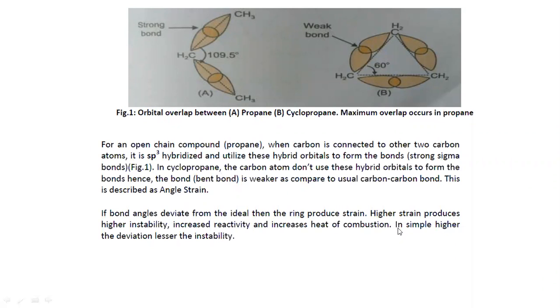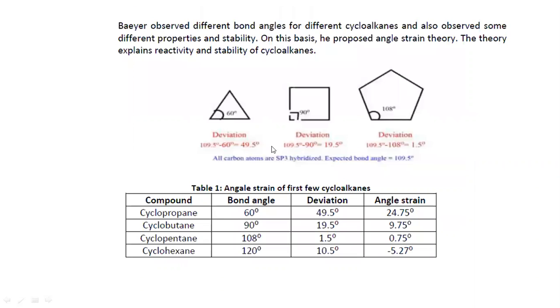Higher strain, higher instability. Higher strain increases reactivity and increases heat of combustion. We have to give more heat to break these bonds. In simple terms, the higher the deviation, the greater the instability. So this is with respect to angle strain and ring strain.